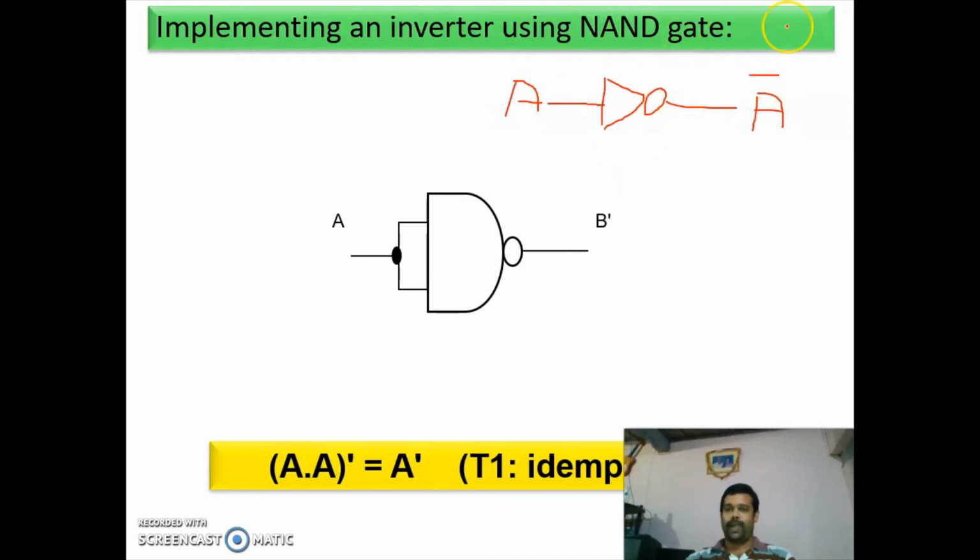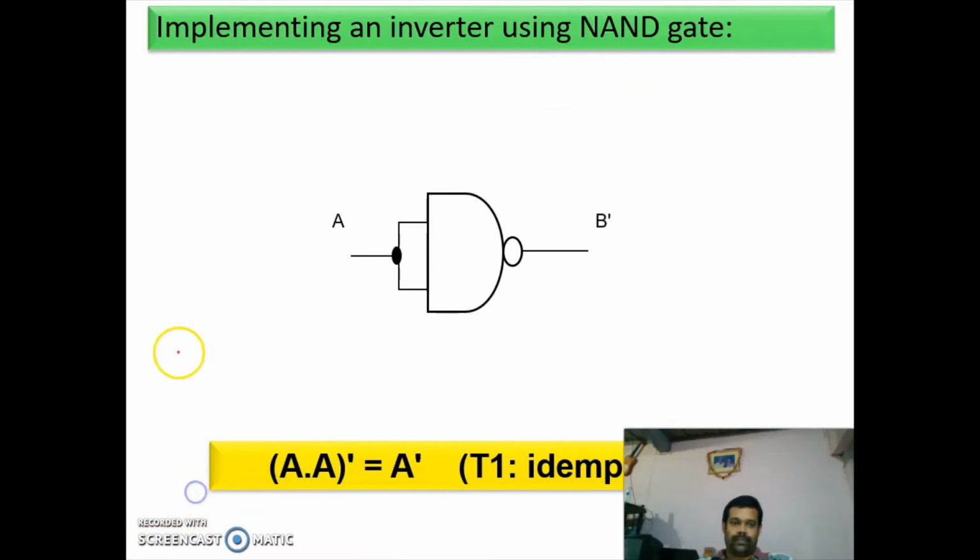So this is NOT gate. Now we are going to implement it by using NAND gate. So what is A bar? A bar into A bar is equal to A bar.